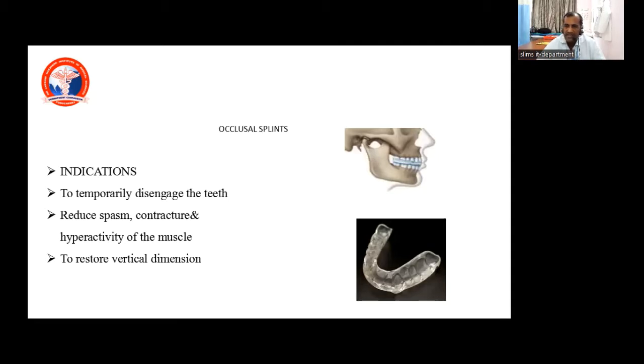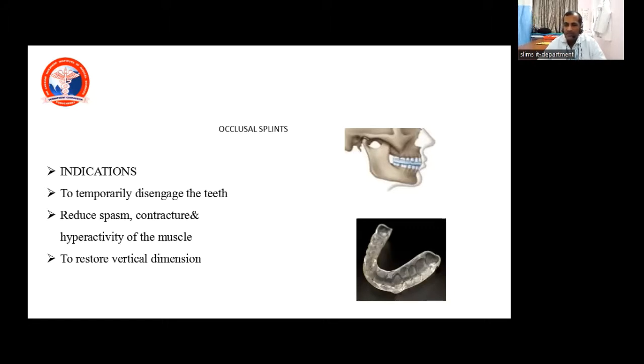What we simply tell is give rest to the joints, spare the joints. And the other use of this occlusal splint is to maintain the vertical height or vertical dimension of your occlusion.